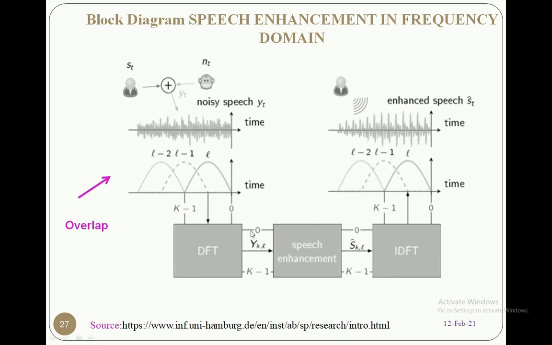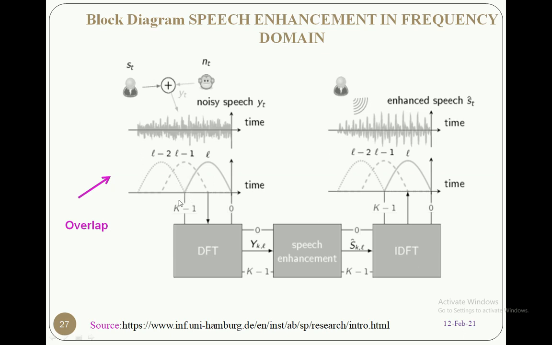After that, the coefficients of Y are modified by using the required algorithm, resulting in S cap, where S is the clean speech and S cap is the enhanced speech in frequency domain. That frequency domain is converted back to time domain by applying the inverse Fourier transform, that is inverse DFT. Here you have to do the inverse process of framing and windowing.